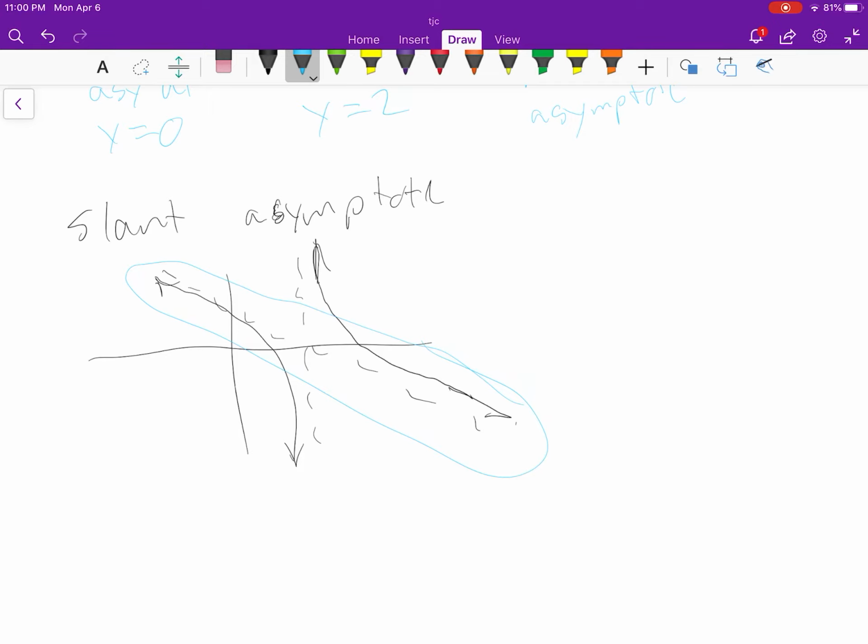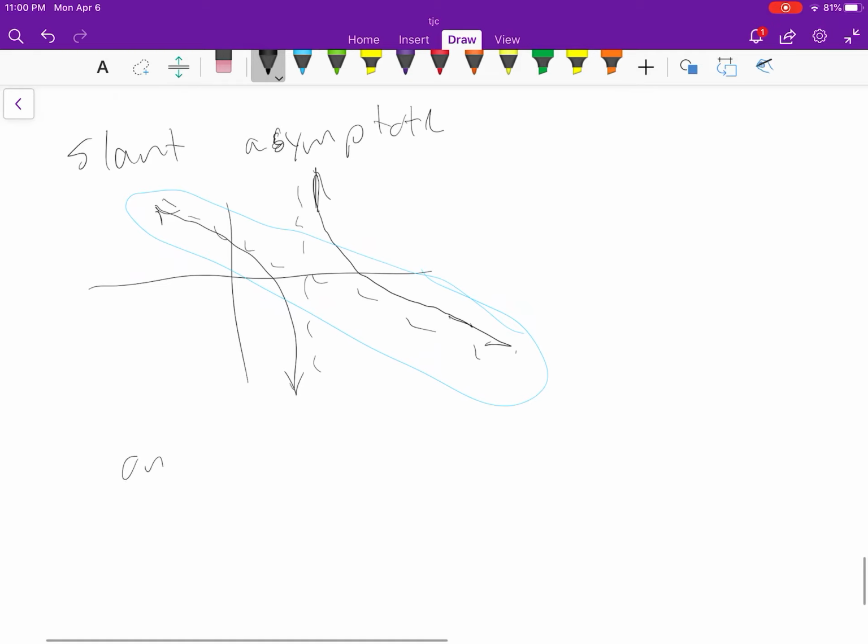So how do we find them? Well, you have a slant asymptote only when the power of the numerator is exactly 1 greater than the power of the denominator.